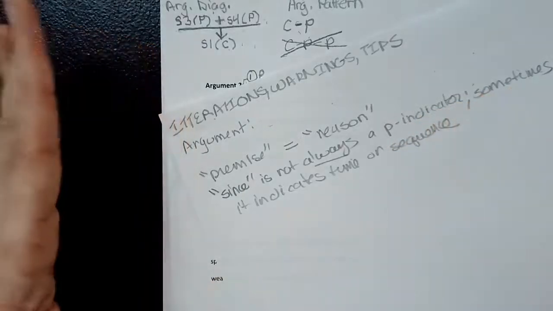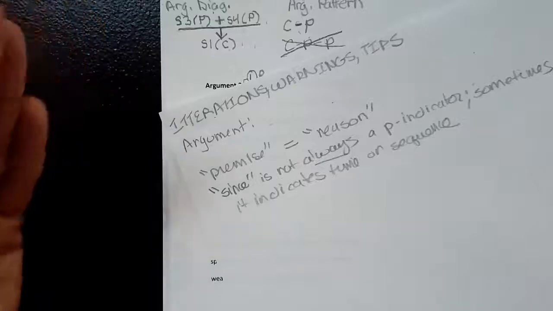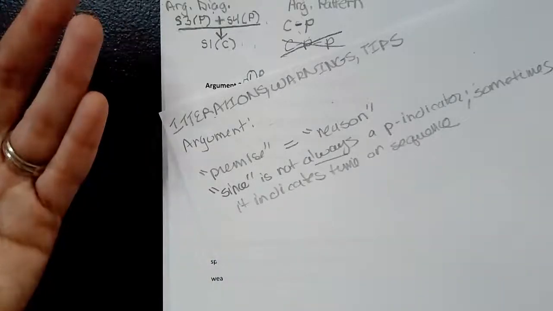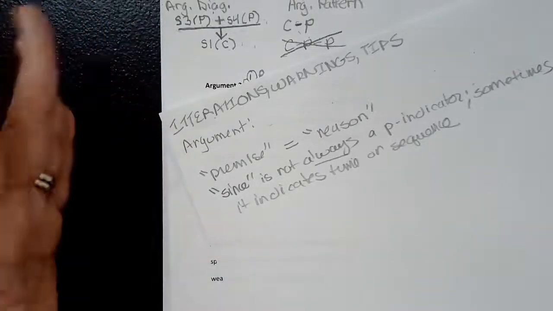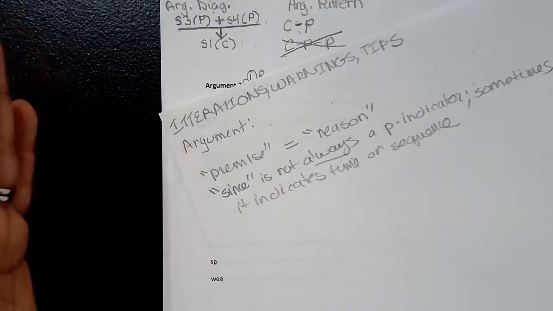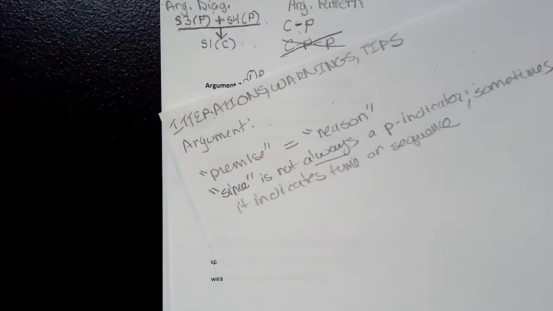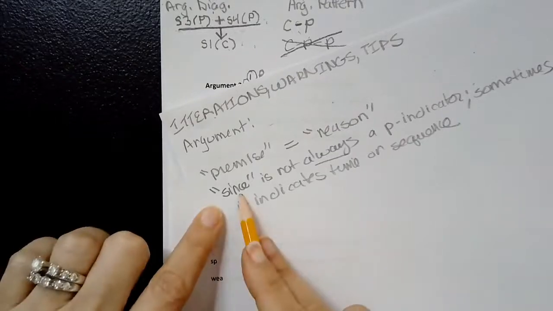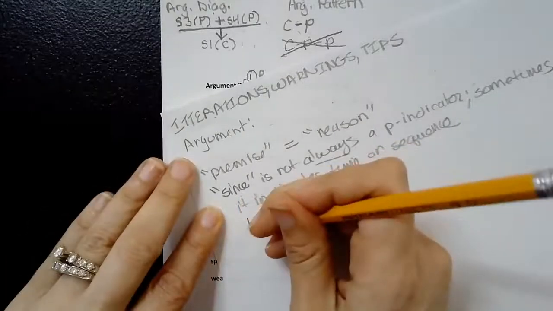Okay, that said, it is a premise indicator most of the time, at least often, more often than not, but not always. And so there are going to be indicators or words or word phrases that typically function as a premise or conclusion indicator, but you still have to use your college level reading and comprehension skills to make a final determination on whether a given word like since is really functioning like that.